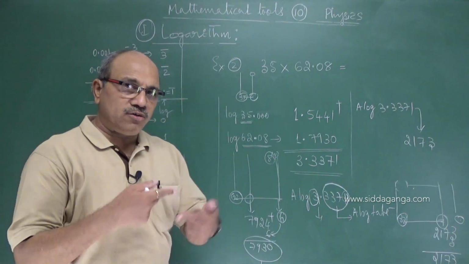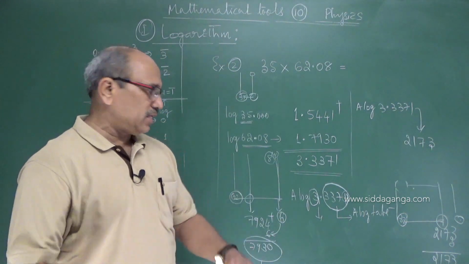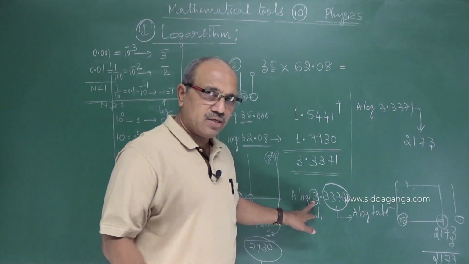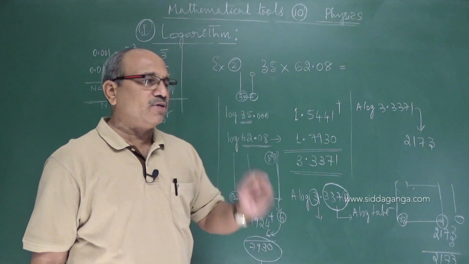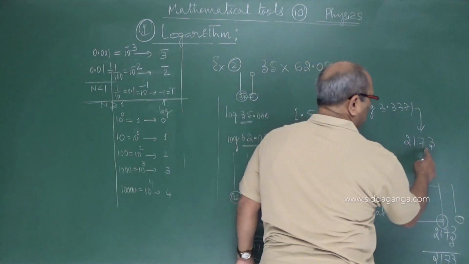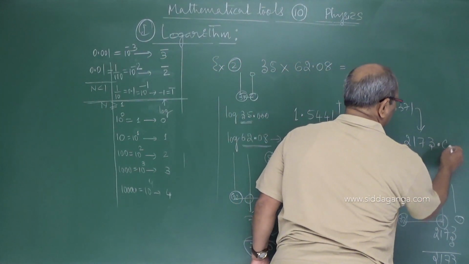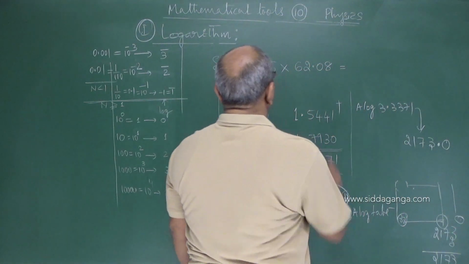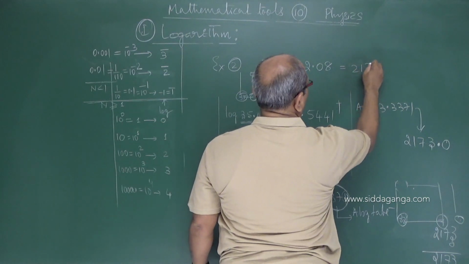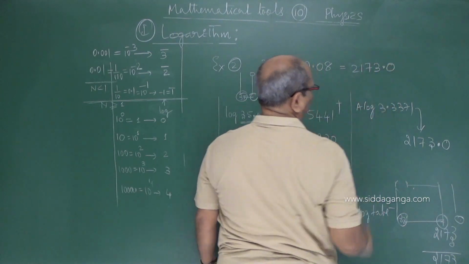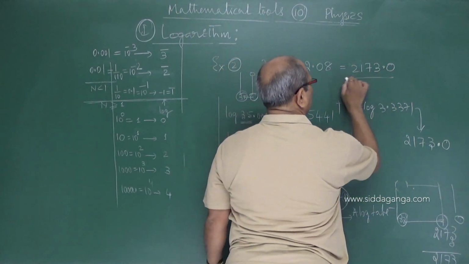What I told in anti-logarithm, we have to increase one number. If it is positive, increase one number. That means 4. After 4 digits, you have to place the decimal point. 1, 2, 3, 4. Put the decimal point and 0. The answer for this is 2173.0.